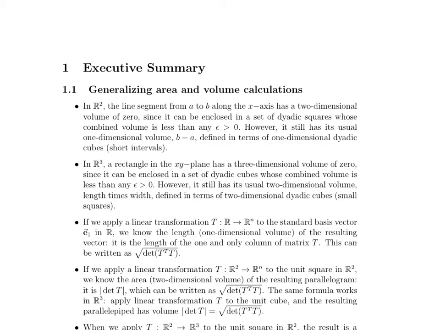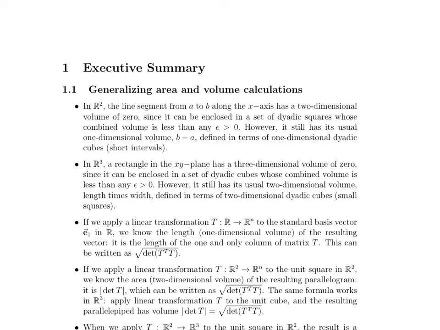And I'll say, yes, that's true, but a much more generalizable way of saying that, as in generalizable as in I can apply this approach to higher dimensional examples, is by saying we can take the square root of the determinant of T transpose times T.